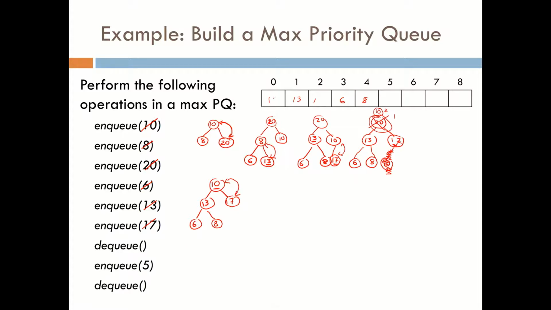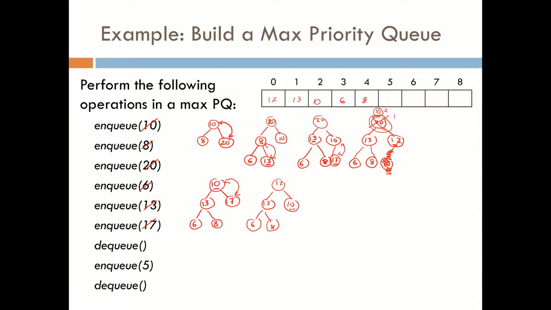This now becomes the 17, and this becomes the 10. Okay, and now our tree looks like this: 17, the 13, the 10 is here, and the 6 and the 8.